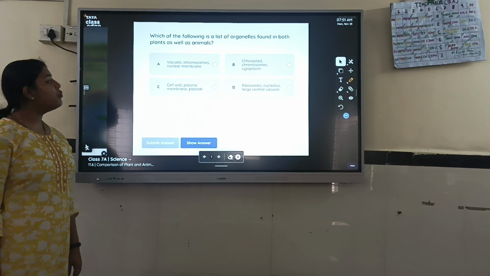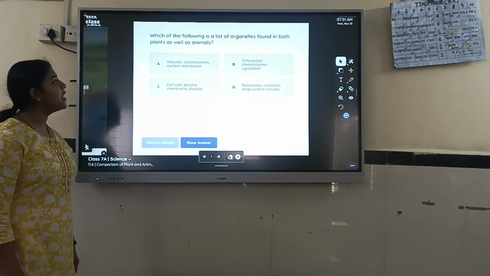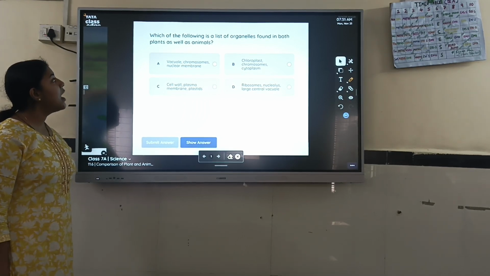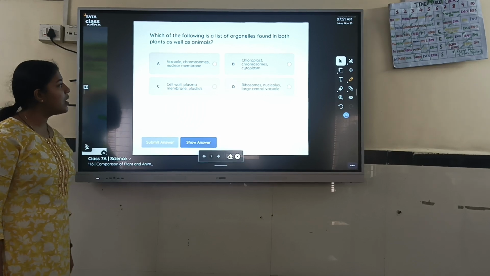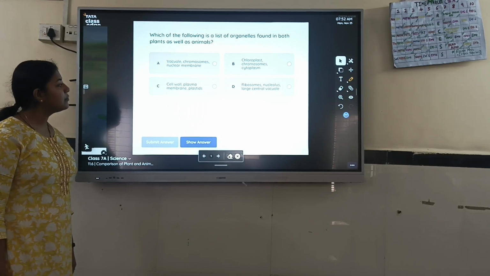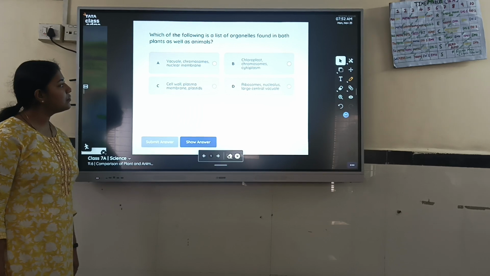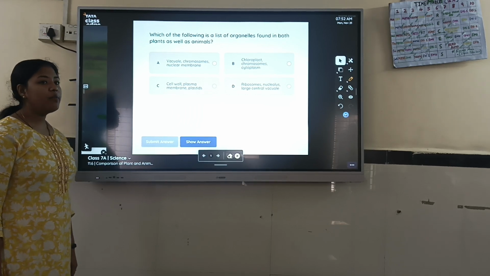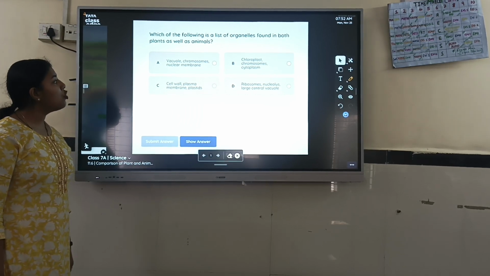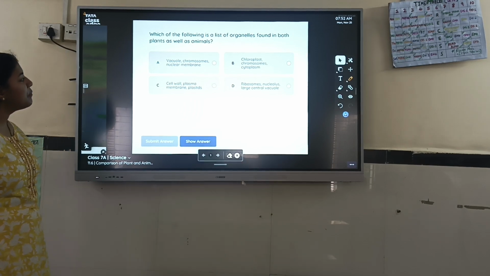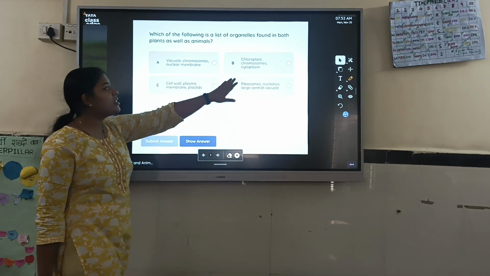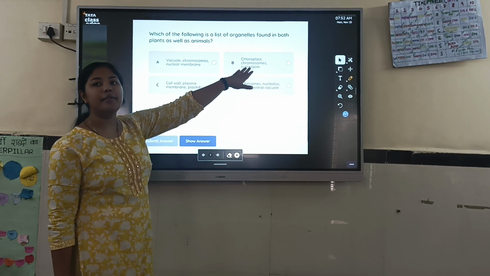The first one is, which of the following is a list of organelles found in both plant as well as animals? The A option is vacuoles, chromosomes, nuclear membrane. Second is chloroplast. Is chloroplast present in the animal cell?